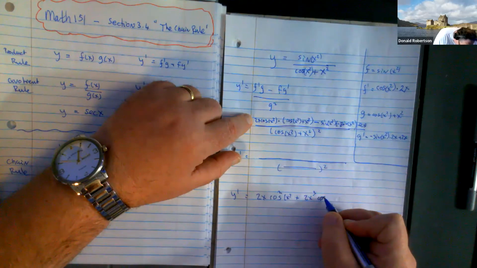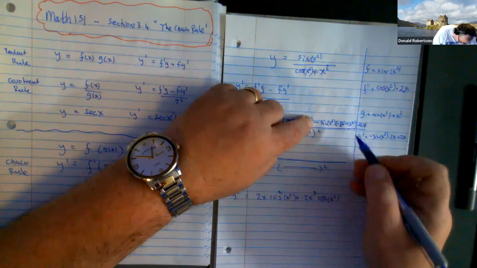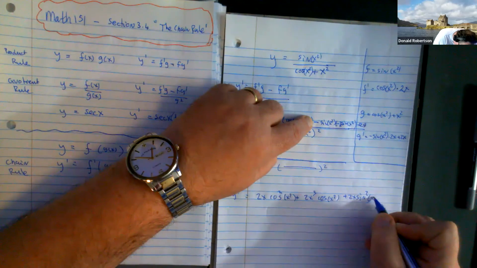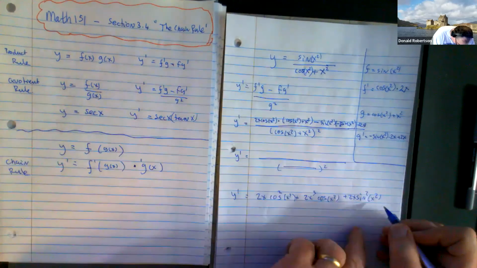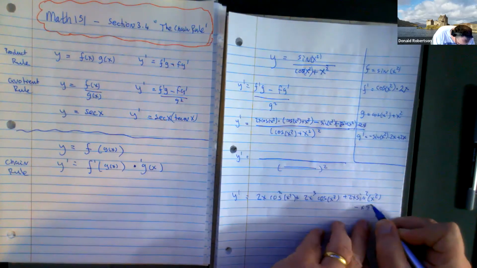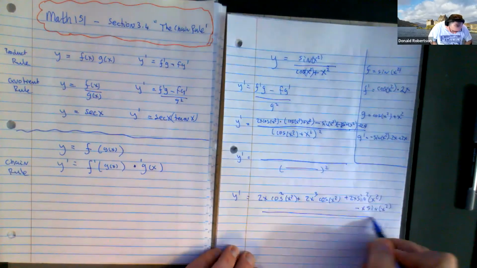If you multiply this guy and this guy together, you get plus 2x sine squared x squared. And this guy times that guy, I believe, gets you negative x sine of x squared all over that ugly guy squared.